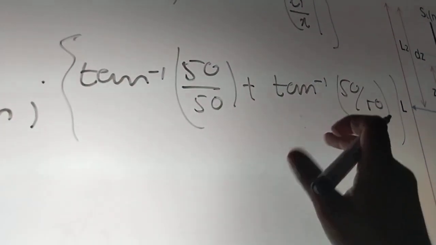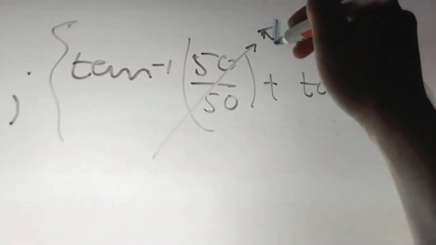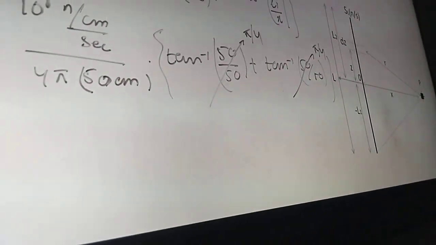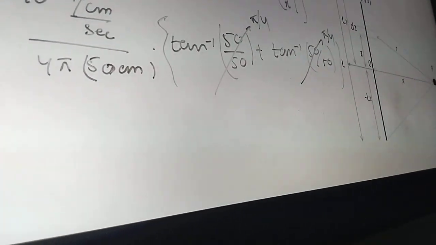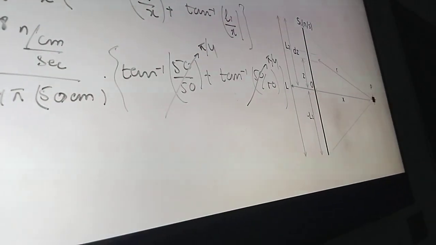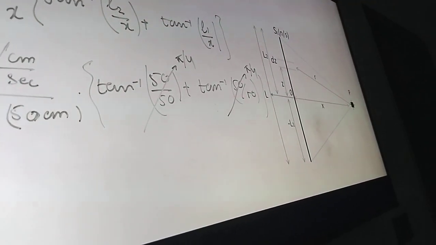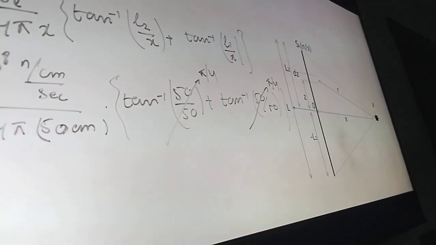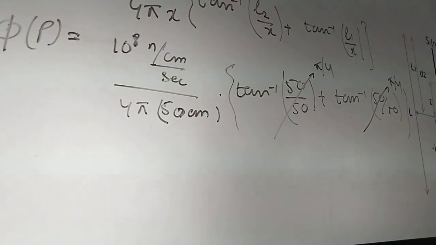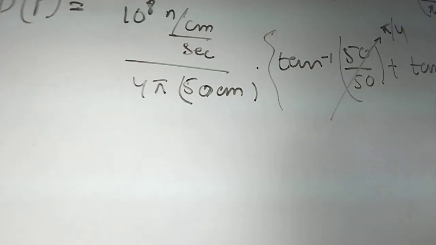Here tan inverse 1 gives pi by 4, because the tan of a 45 degree angle gives our answer 1. So pi by 4 and again pi by 4 are added up, they give 2 pi by 4.